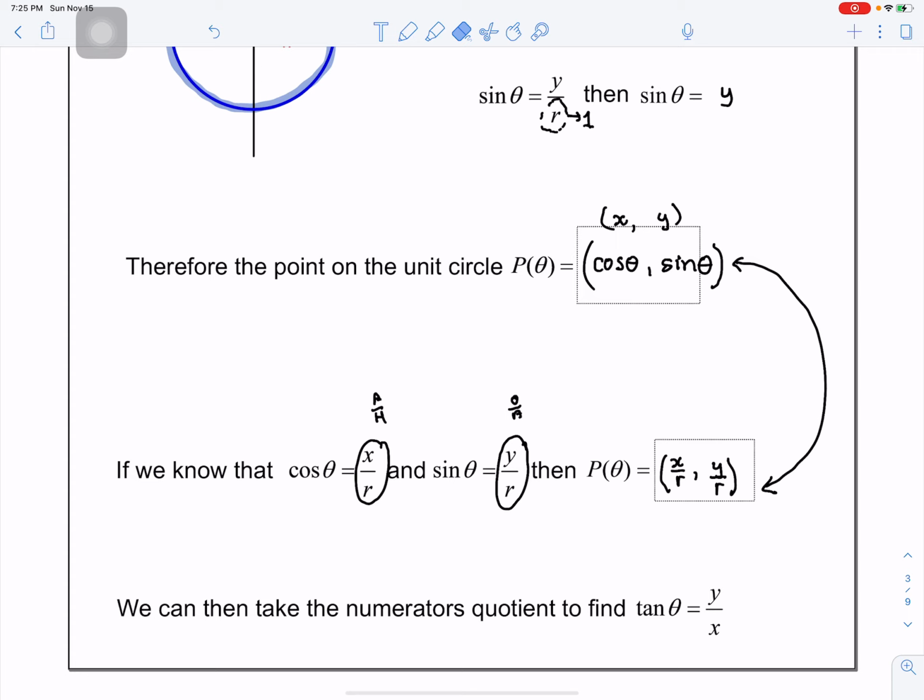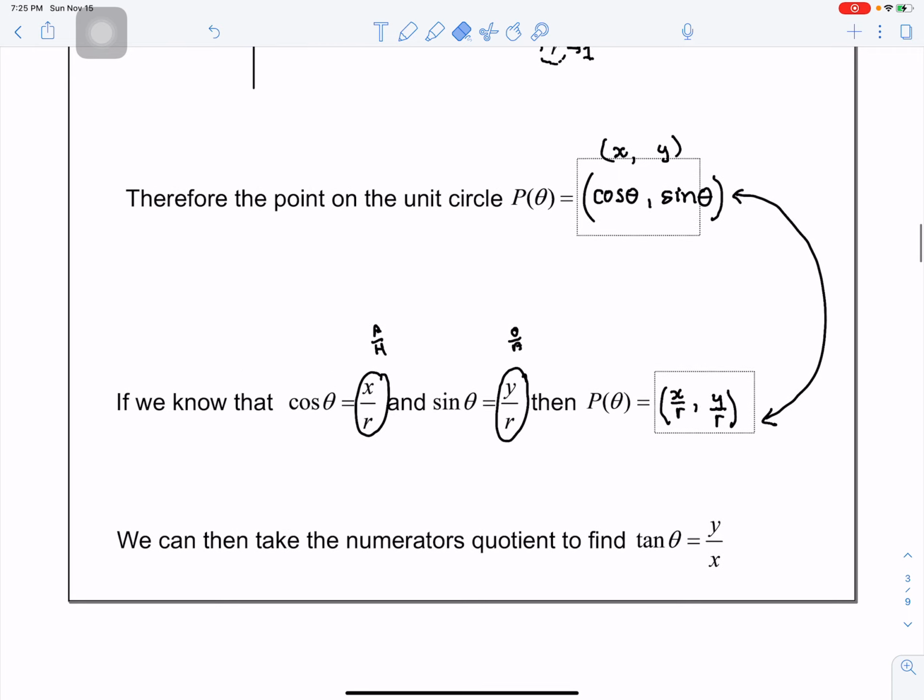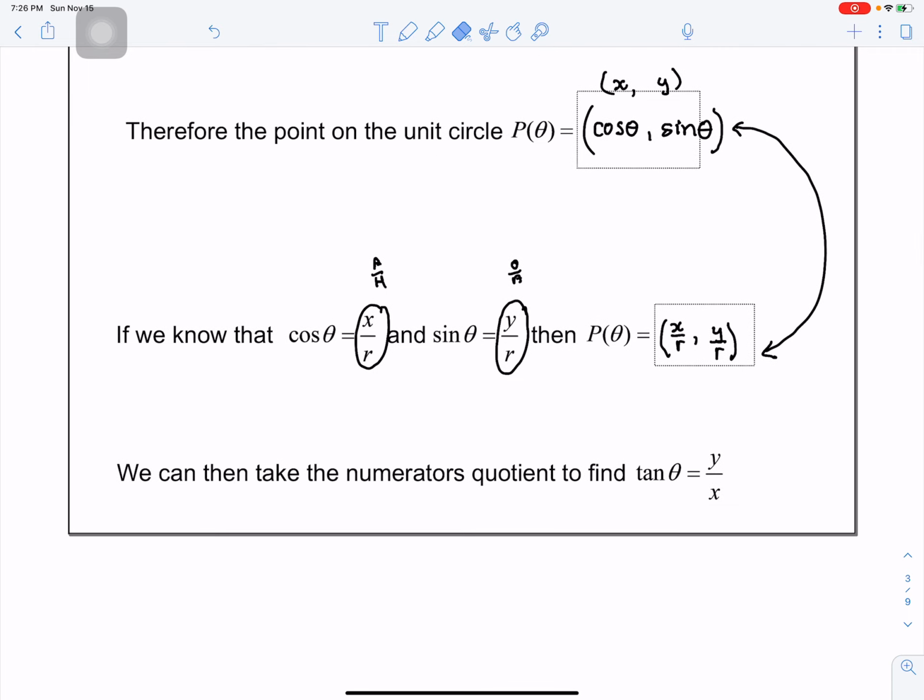That's just like my normal ordered pair. And we also know that tan is y over x, or you can take y, which is sine theta, and x, which is cosine theta. That's a relationship we know for tan, and this relationship for tan is on your formula sheet to help you remember.